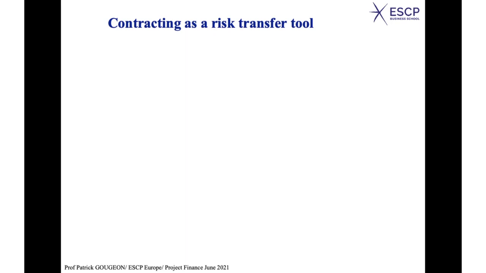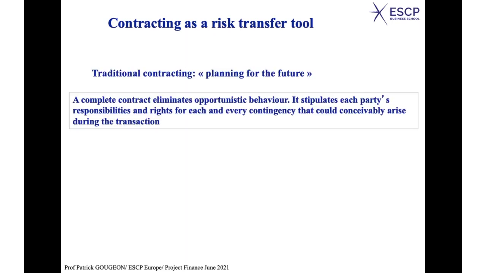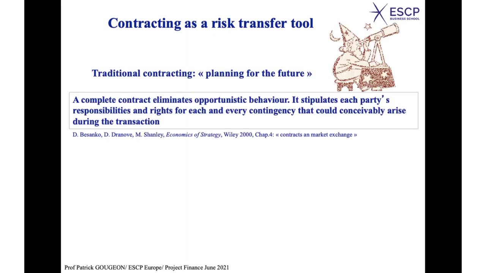If you want to be more precise, what is a contract? A complete contract eliminates opportunistic behavior. What does this phrase mean? Being opportunistic means that if you want to have a deal for the future with a partner, maybe you cannot trust your partner, you know, that in the future, if he has an opportunity, not to cheat you, but to make money at your detriment, he will try to do it.